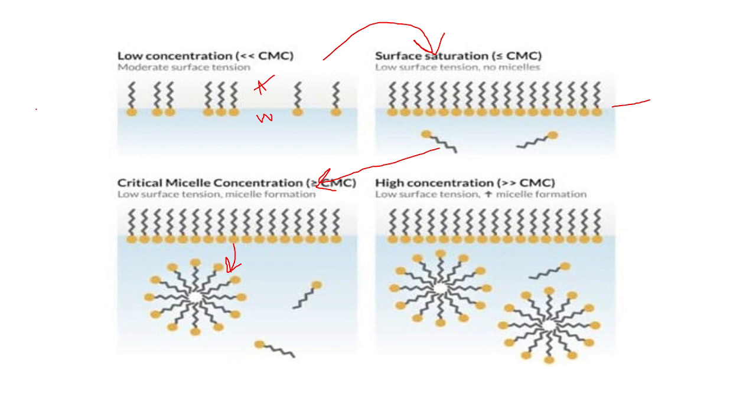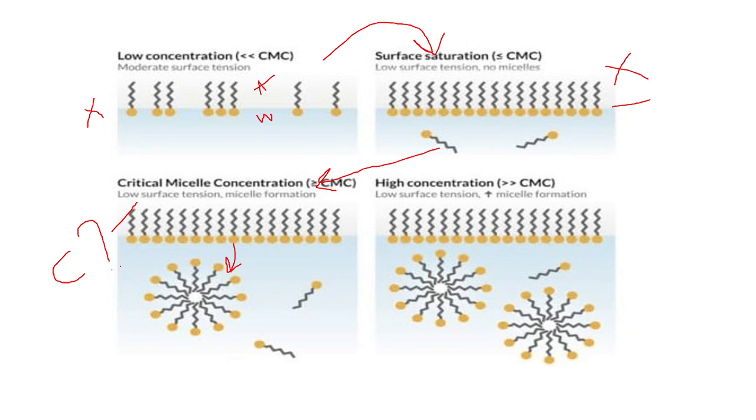What is the critical micellar concentration? It is the concentration at which there is a formation of spherical micelles. At this concentration, there is no formation of micelles. Here also, no formation of micelles. Here, there is a formation of micelles. Hence, the concentration at which spherical micelles form is called the critical micellar concentration.